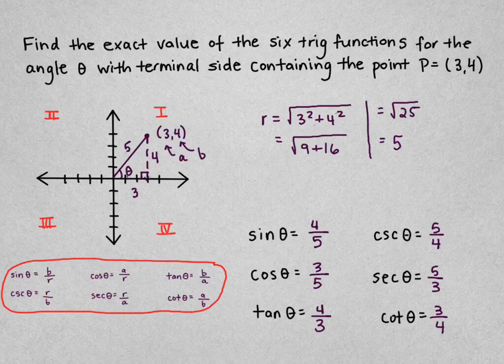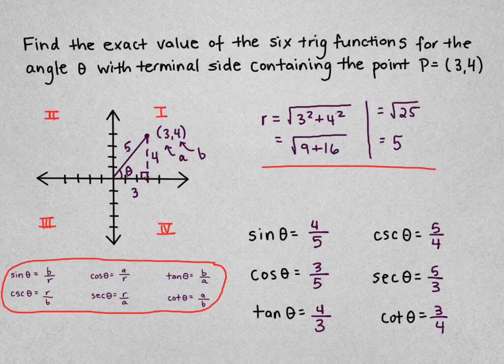So when we're in 2, 3, and 4, we have to think about negative values. And so these triangles are actually going to be called reference triangles, and they don't work exactly the same way. So it's important to recognize that we can find the values of the trig functions just using algebra like we did here and looking at the A and B values of our point.